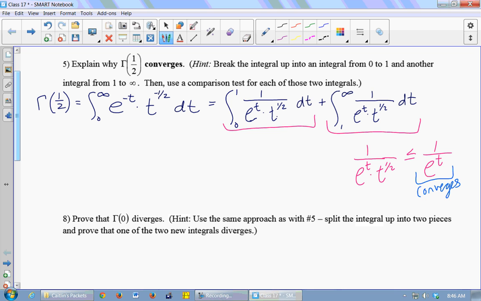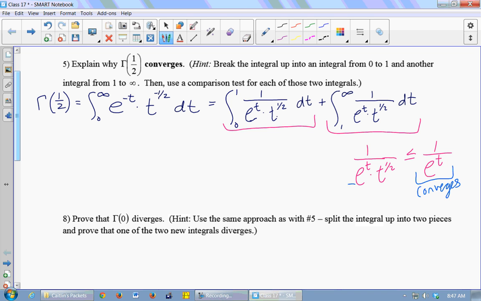Okay, so I know e to the negative t converges. I know that this guy is always smaller than something that converges. So this has to converge. So you should really write a sentence explaining. I'm out of room.